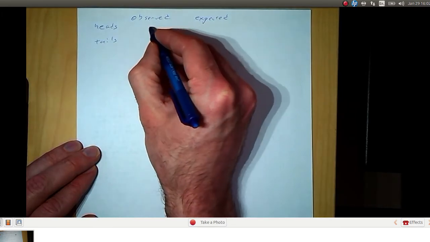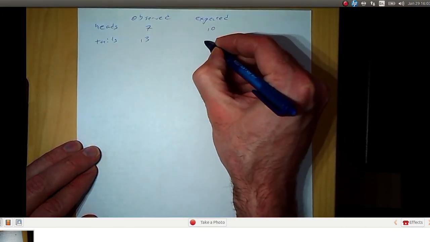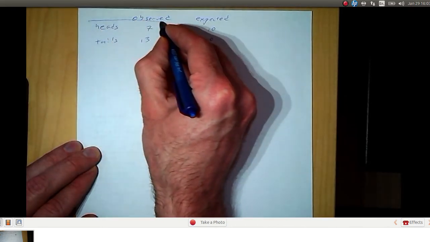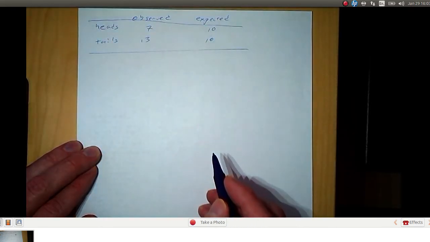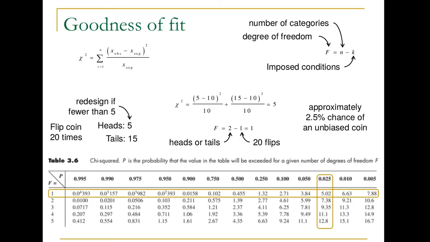So we observe 7 heads and 13 tails, and of course we expected 10 and 10. And then we can combine that with our earlier trial where we observed 5 and 15 and expected 10 and 10. And now we can see if we come up with a different probability now that we've run this second test.